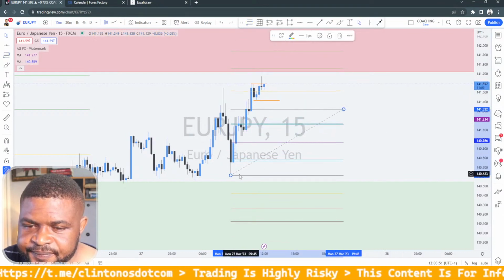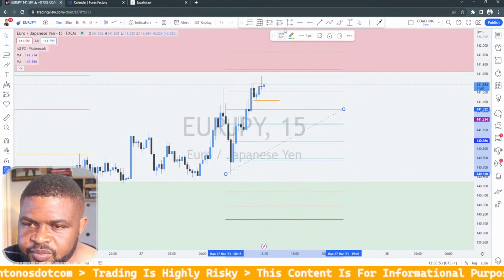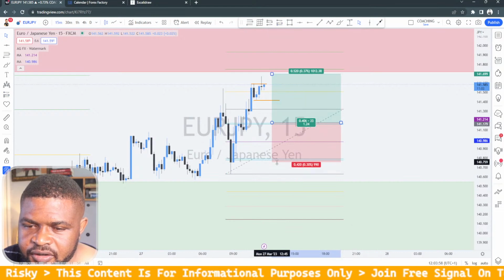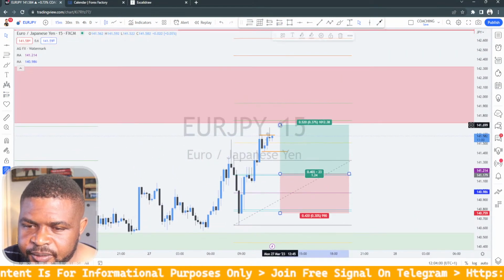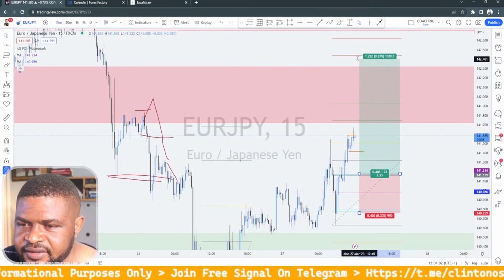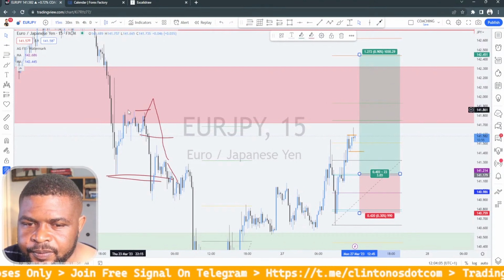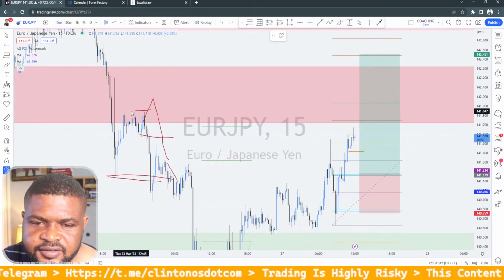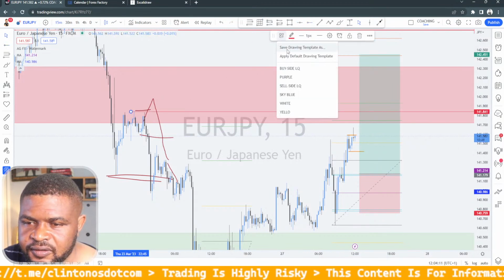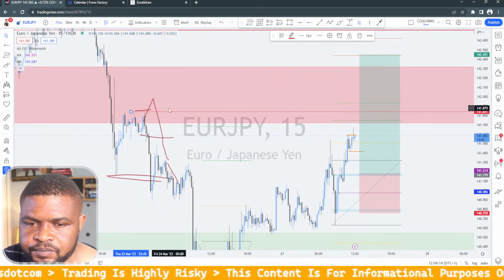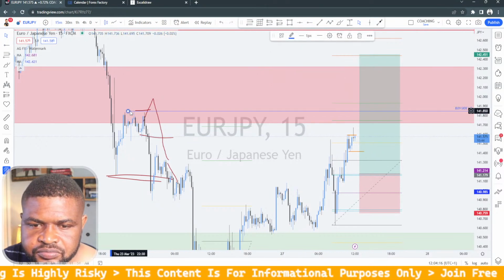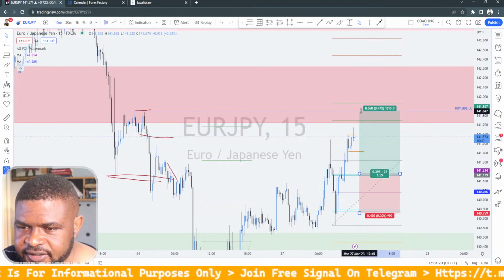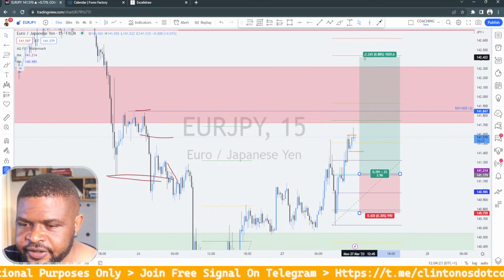Let's see. If I want to buy, I'll buy here. Buy here, and target here. This buy side liquidity. At least here, then possibly here.